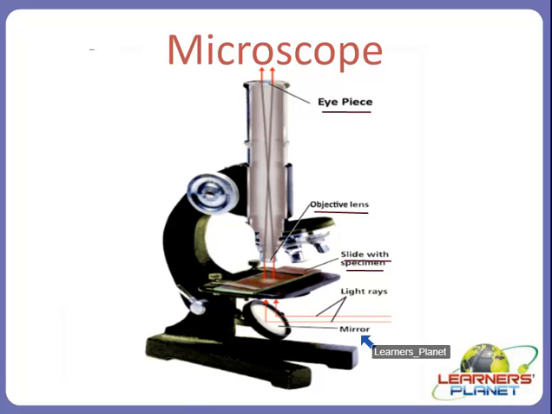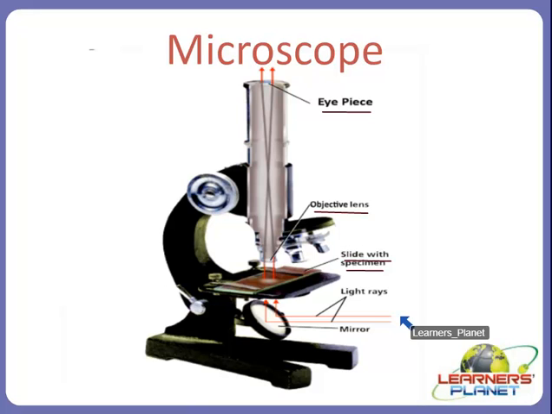Now, just imagine how this mirror is going to reflect the rays. For that, definitely we need some light source also. So, these light rays can either come from the sun or they can be reflected from another source. Another thing we must understand at this level is that when we are using these light rays, the intensity should be moderate.